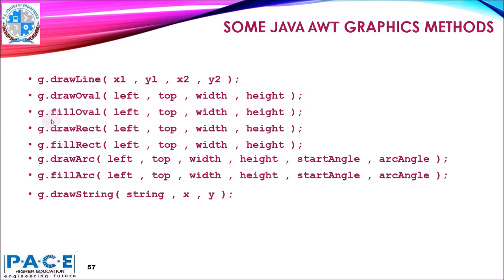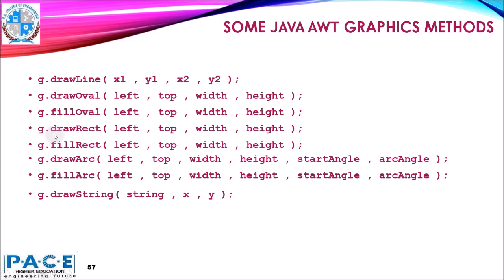Then the next method is fillOval. In this the filled oval shape will be drawn. Again the parameters are the same. We are providing the specifications of the enclosing rectangle, that is, the left and top coordinates and the width and height of the rectangle.